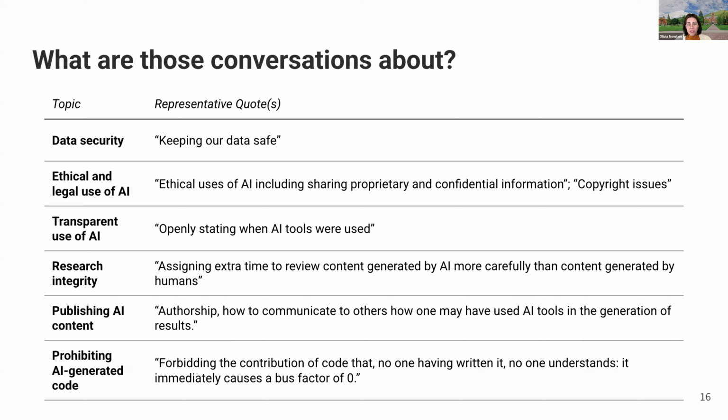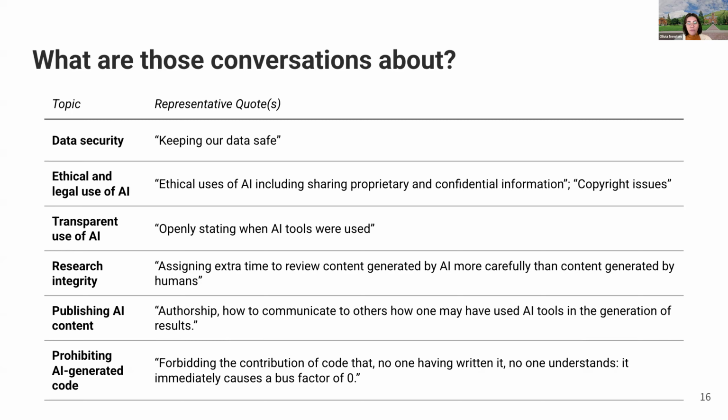Next, we have standards for publishing, given that AI was used in some aspect of work. So, how do you handle authorship in the case that content was generated by AI? How do you communicate information about that AI use? Again, transparently, but also in a way that is honest.